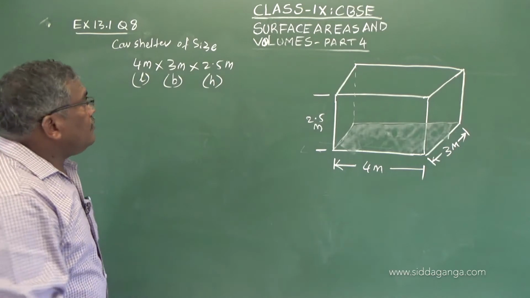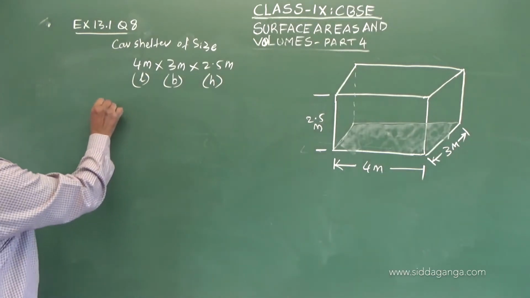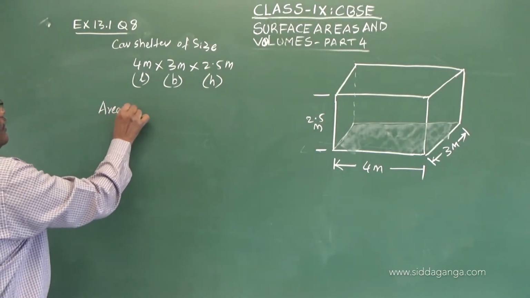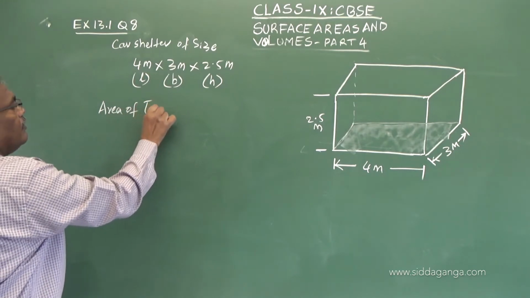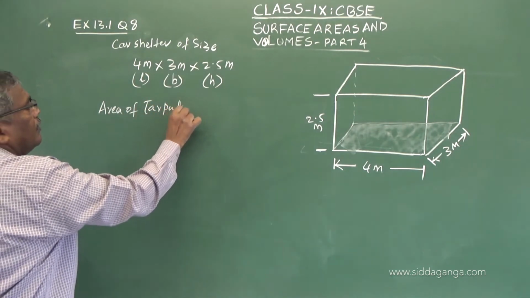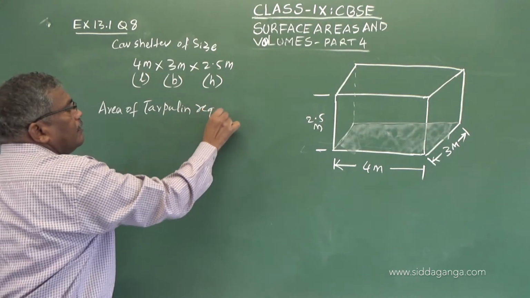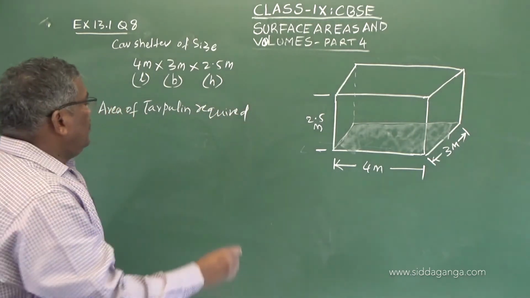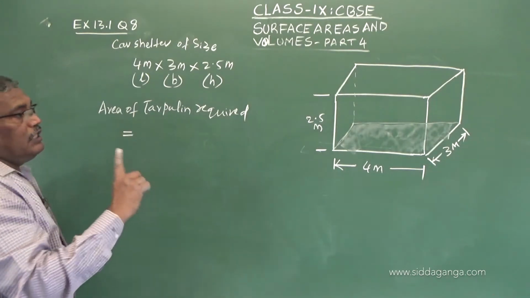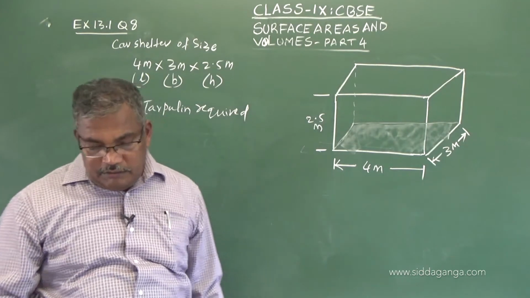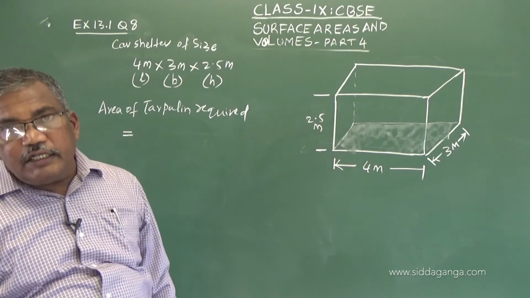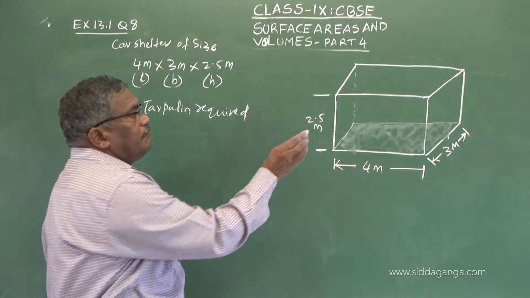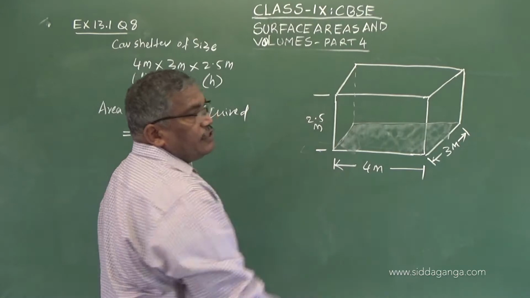Now, area of tarpaulin required equals, see the lateral surface area. How do you calculate the lateral surface area? The front and the back and sides.